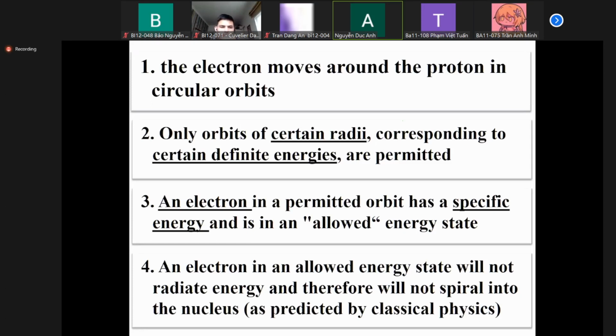Classical physics tells you about the conservation of energy, right? Energy will not change. It just moves from one thing to another, from the first one to the second one. And the electron here only moves. It is not in contact with anything else. So that is the reason why Bohr said that the electron here will not radiate energy. It will not donate energy out.